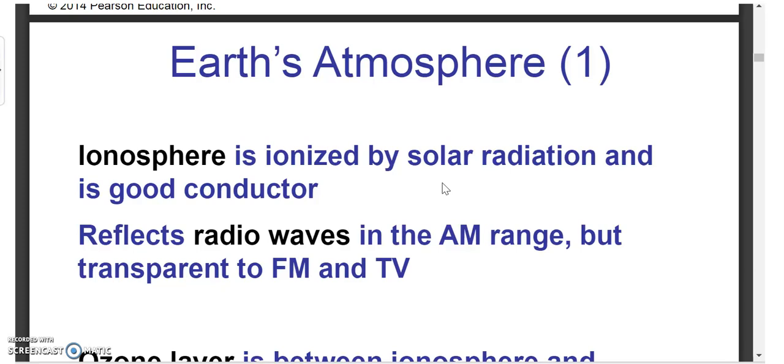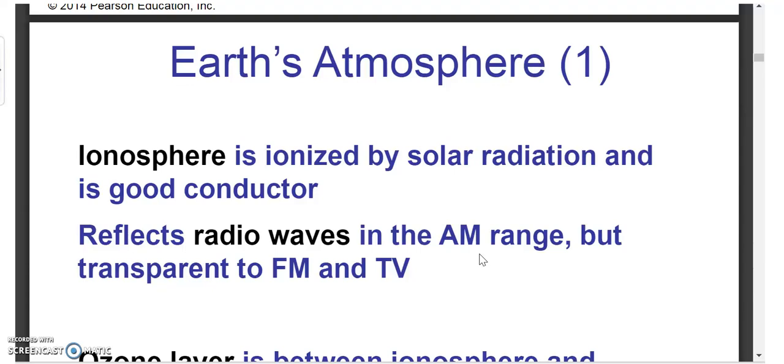So the ionosphere is a region, well above the stratosphere, where basically the sun's light will cause the air molecules to ionize. That just basically means they lose electrons. They're not neutral molecules anymore. And actually, that particular area reflects AM radio, and it'll actually bounce several times off of the ionosphere.